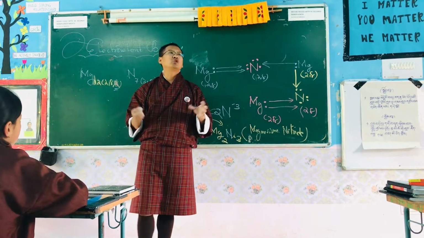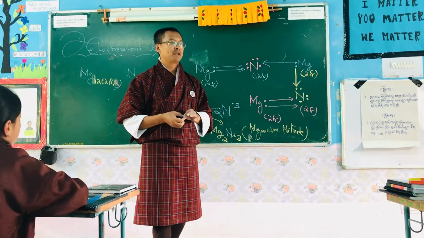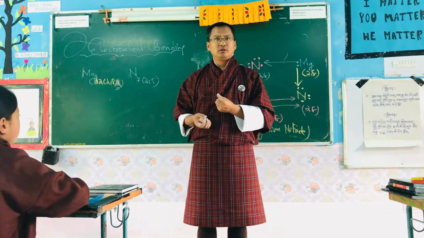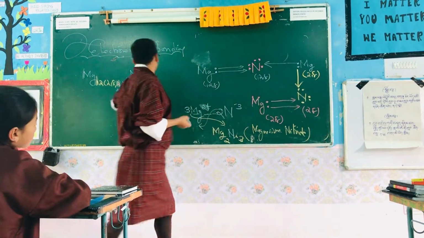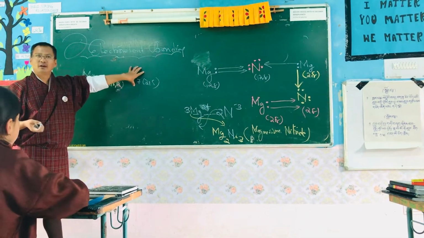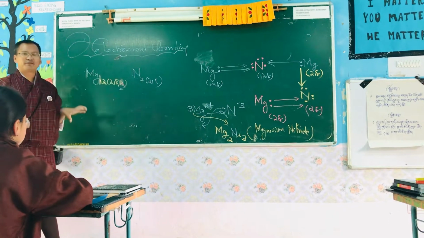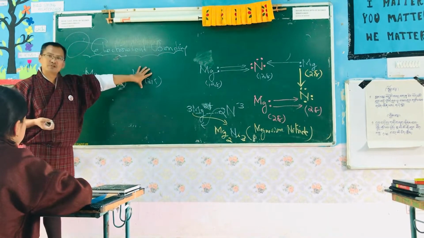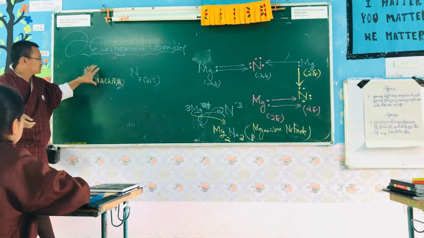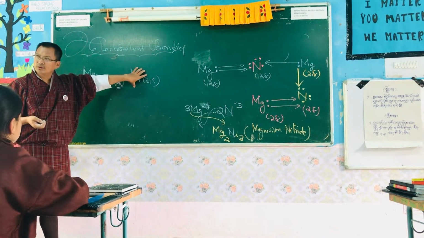So this is like a human relationship. It's like a relationship between a man and a woman. There's a man here, magnesium is a man, and there's a woman here. This woman has only 5 rupees but wants to have 8. So this man has 2 rupees, and he has to give 2 here.